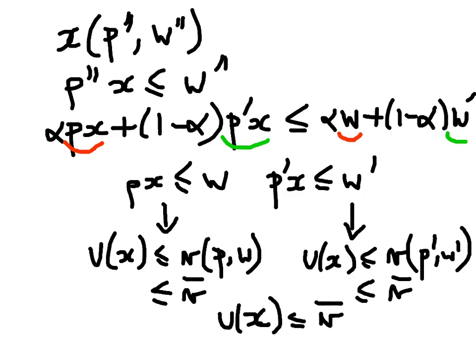So the bundle which is chosen at a price level and a wealth level, which are formed as a linear combination of P and P prime, is also in the lower contour set. So we've shown that if you pick two such vectors in the lower contour set, then the linear combination is also in the lower contour set. You've shown quasi-convexity. So this concludes the proof.